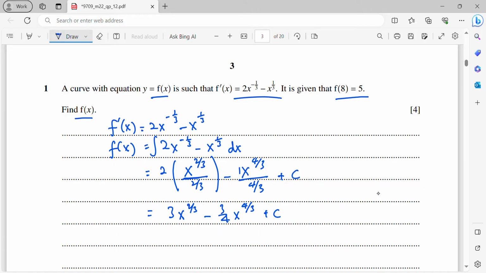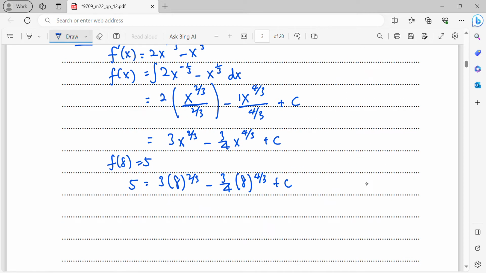Now it's given that f(8) is 5. So 5 equals 3, then the x is 8, so replace the x by 8, then the power 2 over 3, minus 3 over 4 times 8 to the power 4 over 3, then after that plus c.